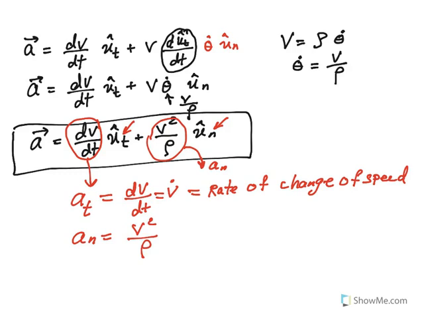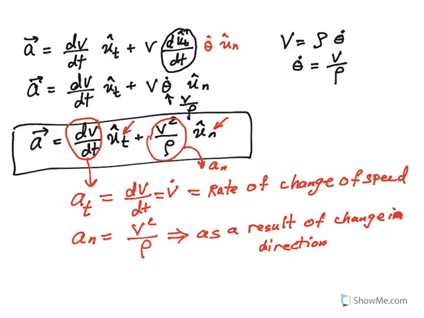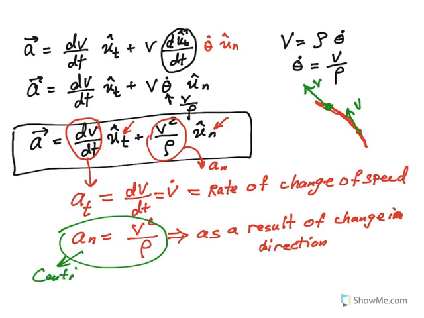This normal component of acceleration is a result of change in direction of the velocity. Because when you go along a curved path, the magnitude of the speed could change or it could be constant, but definitely the velocity is changing direction. So that's why you have what we call centripetal acceleration.